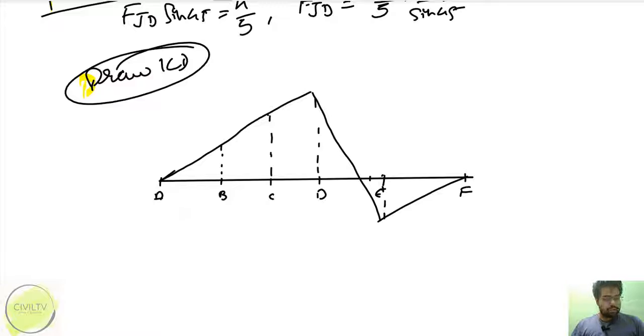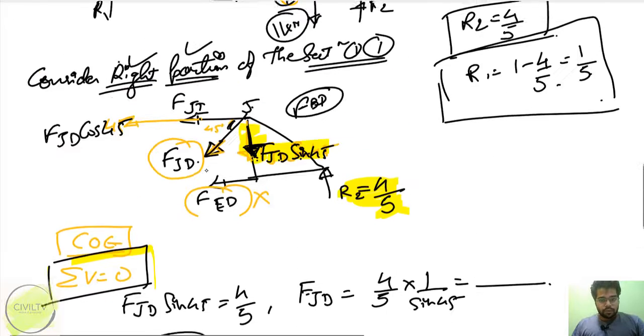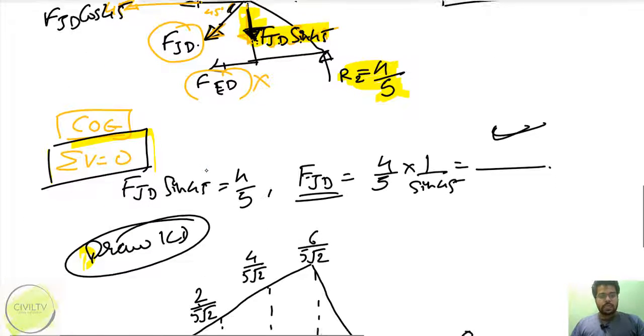So this is 2 by 5 root 2, 4 by 5 root 2, 6 by 5 root 2. This is 2 by 5 root 2. This is 0. This is 0. So what are these values? These are the values which we have found, right? FGD. Okay, what is it?